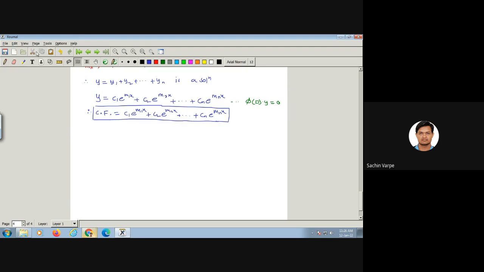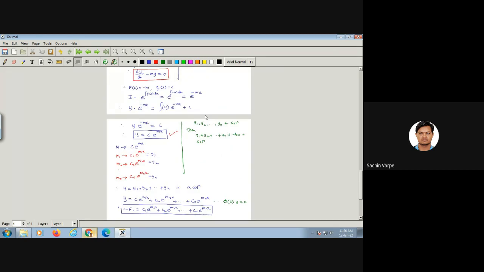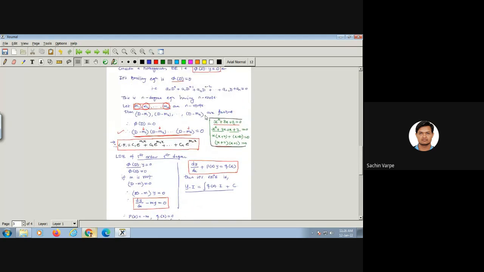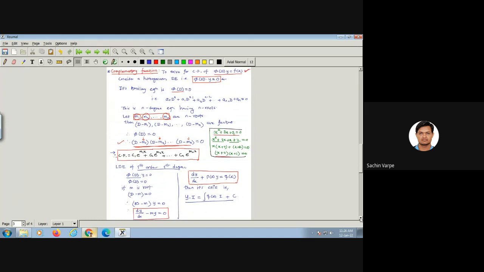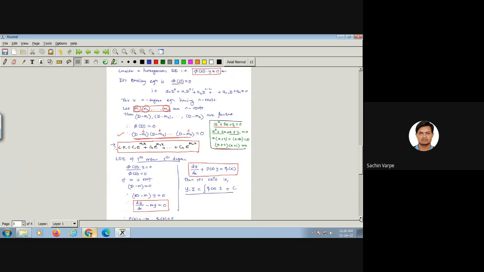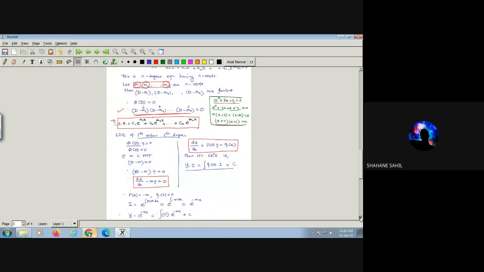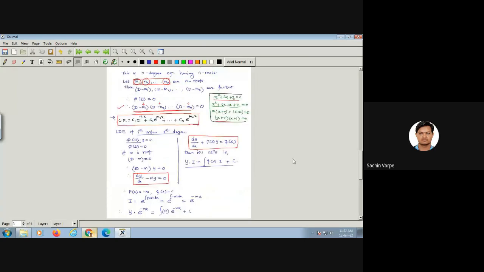Okay. Anyone else? Have a look at this once, and if there is any doubt, ask, because this is very important. Any question? Any doubt? Please reply. Sir, are C1, C2, and so on arbitrary constants?